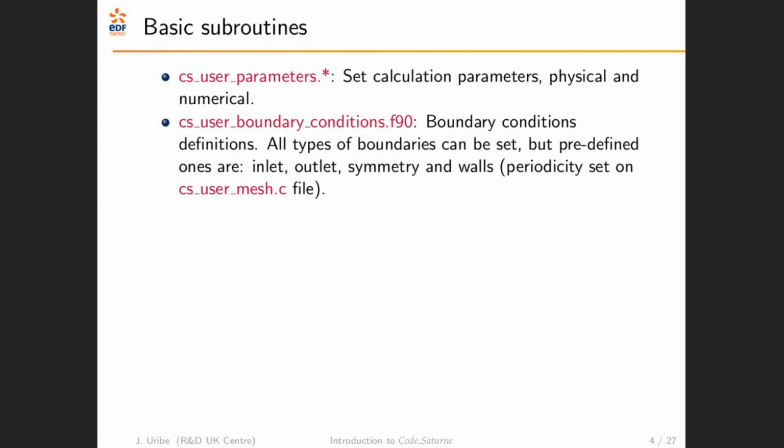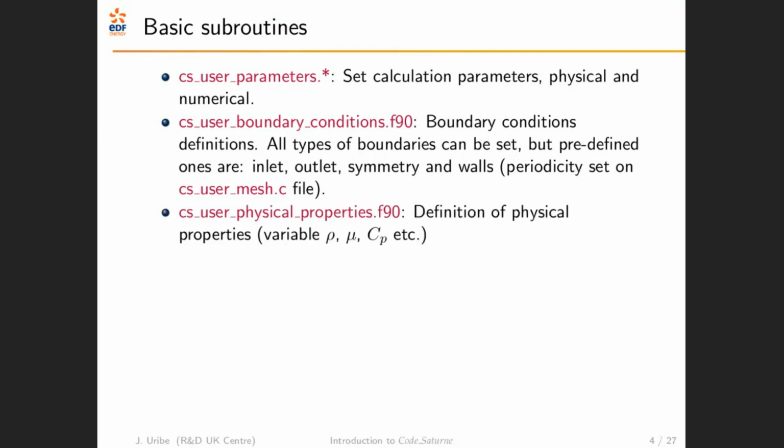And you have cs_user_boundary_conditions, which, as the name implies, sets the boundary conditions. But it's much more powerful than your graphical interface. In the graphical interface, you can choose from the preset types of boundary conditions, whereas in your subroutine, you can put whatever you want.